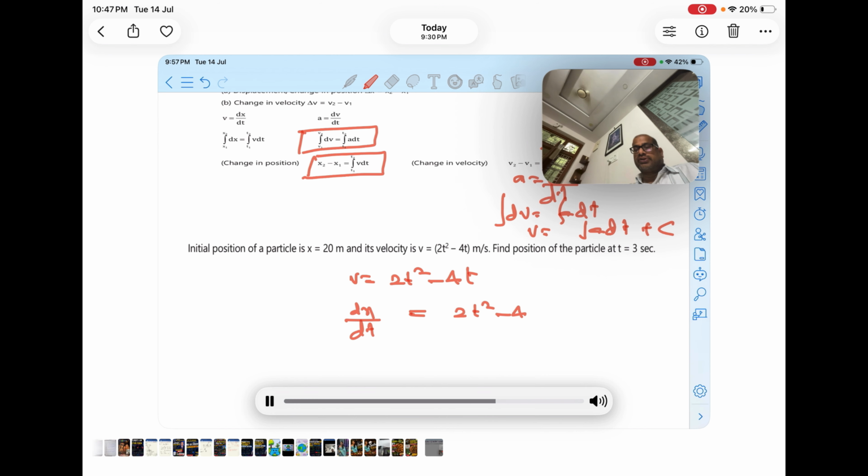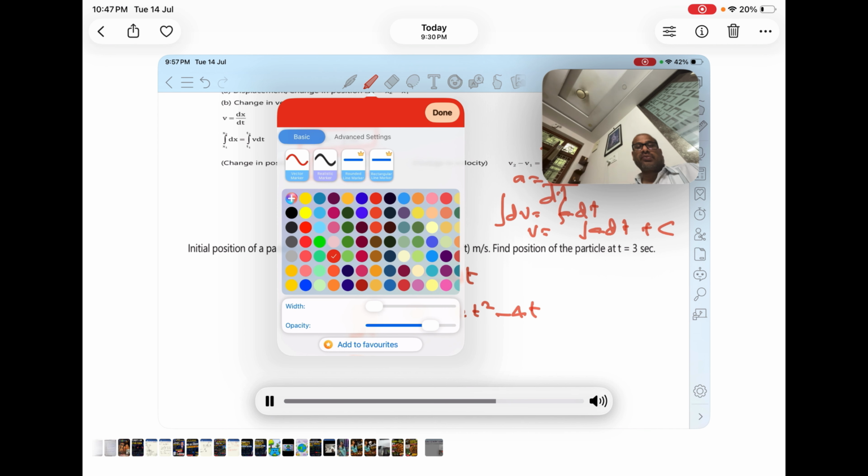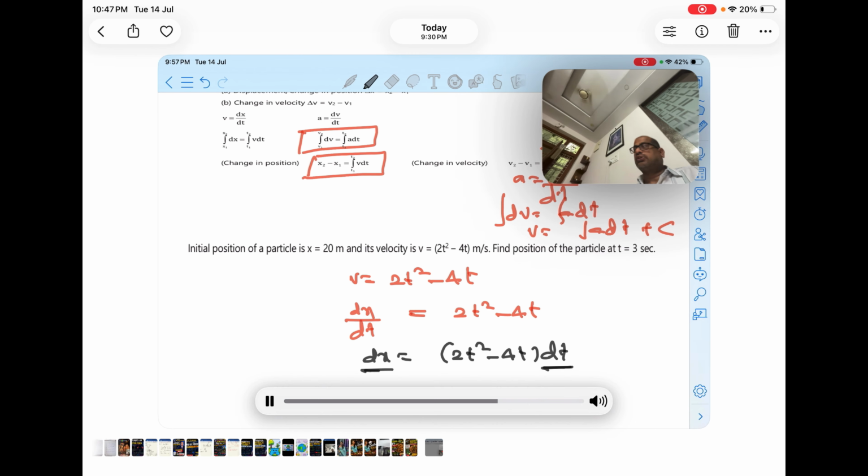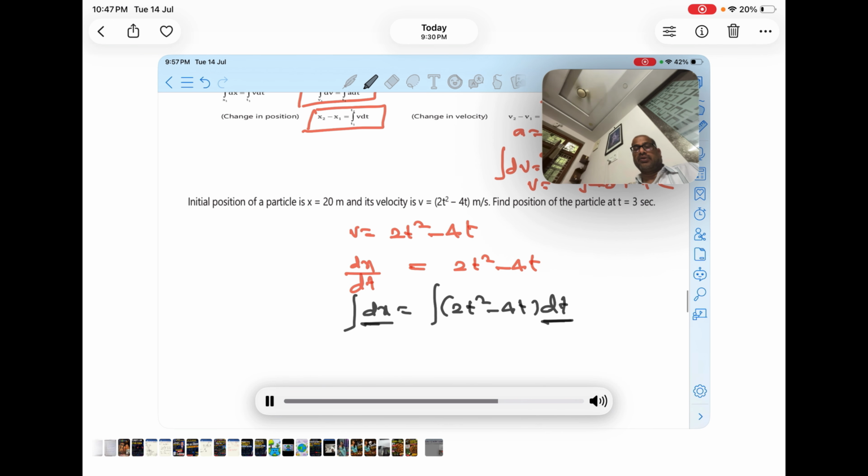Okay, everybody. Now dx becomes (2t^2 minus 4t) dt. In a small amount of time, the change in position is small dx. Total change, total means integration. From where to where? From t equal to 0 to t equal to t. When t is 0, x is 20, and at any value of t it is x.